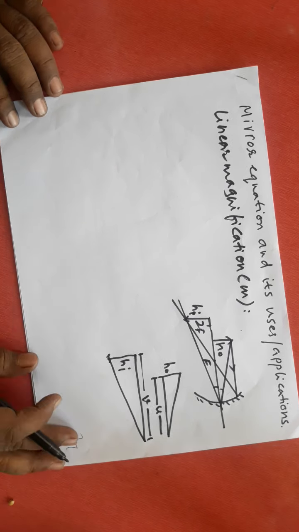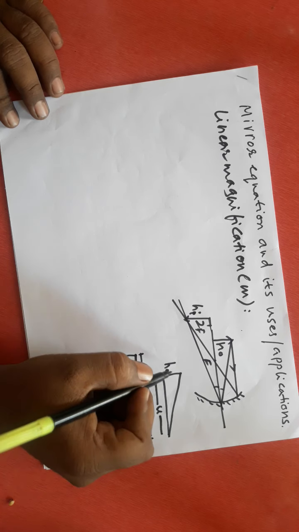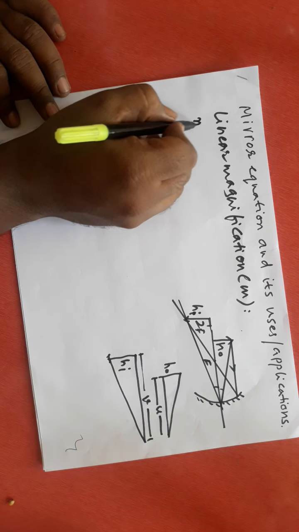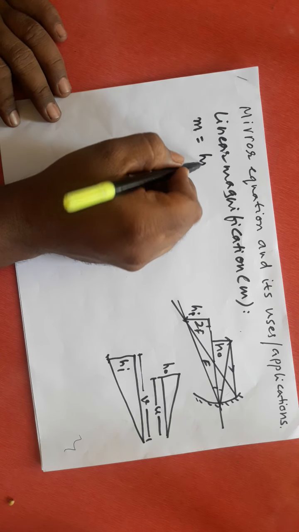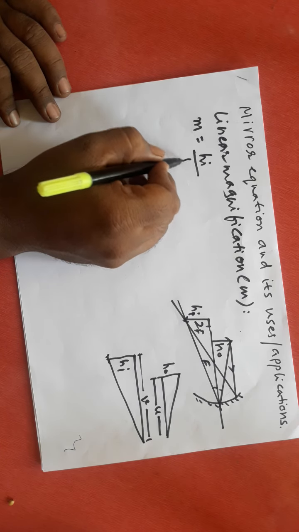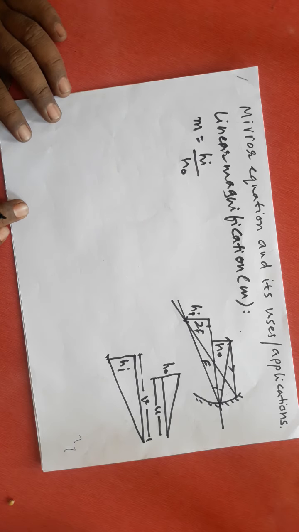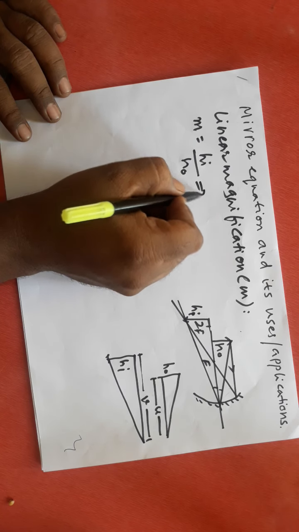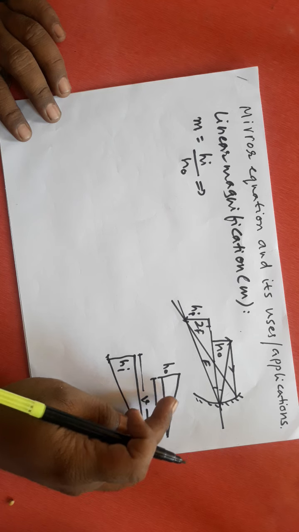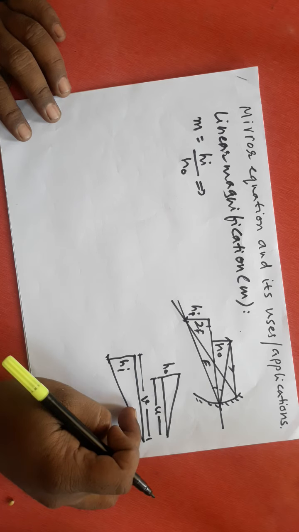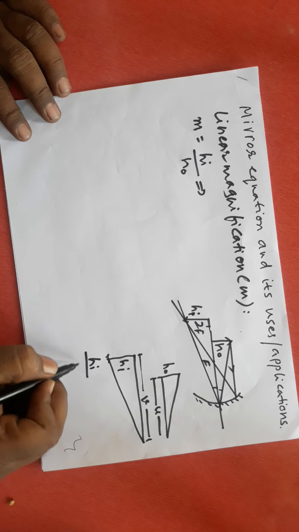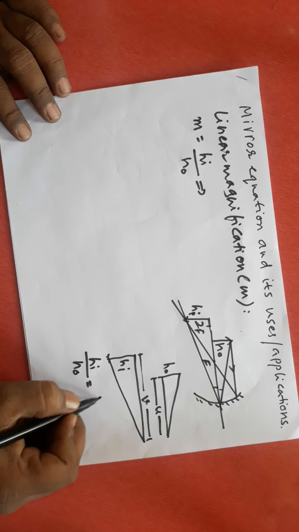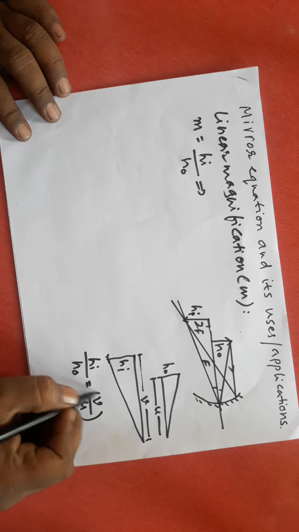Then linear magnification is the linear size of the image divided by the size of the object. By using these two similar triangles, you can write the ratio as hi by ho is equal to v by u.